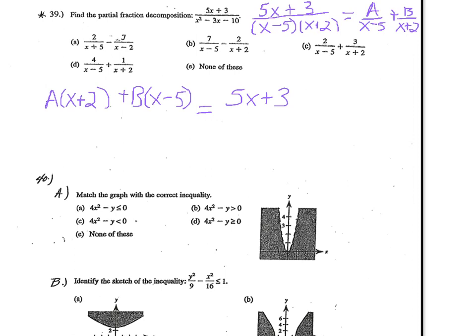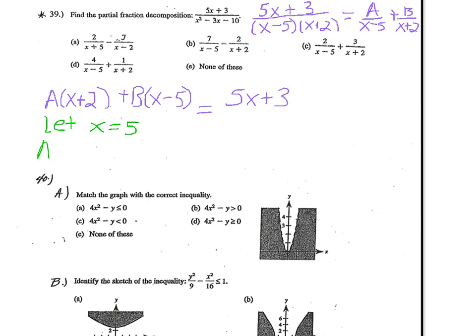So now we are solving for A and B, and we are not solving for x, so we can let x equal whatever we want. So in order to solve for A, I'm going to let x equal 5. So when I plug it in, 5 minus 5 will equal 0, and that will cancel, and I'm just left with my A term.